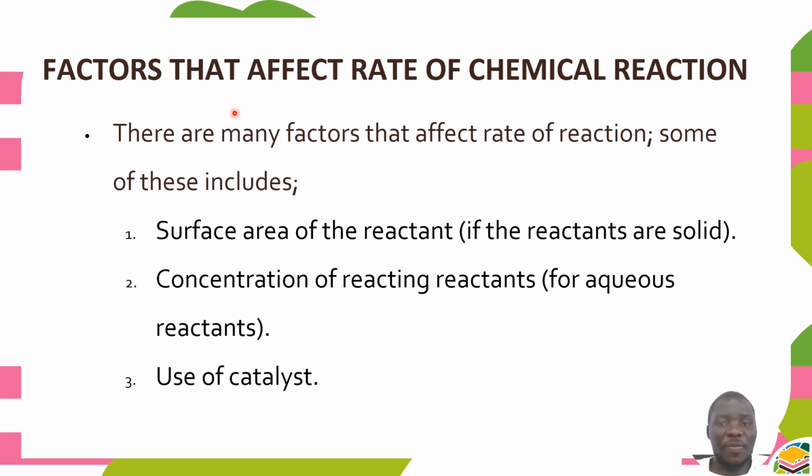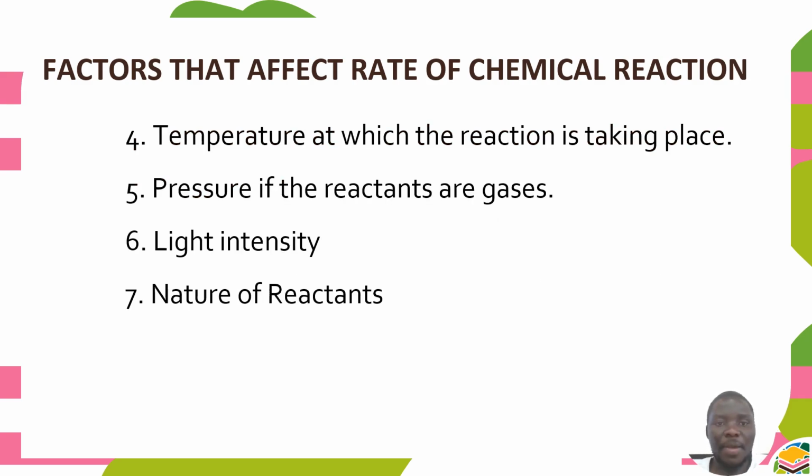So there are several factors that affect the rate of chemical reaction. Some of them include surface area of the reacting substance, if a reactant is a solid, we look at the surface area. Concentration of the reacting reactants when the reactants are in aqueous state. Use of a catalyst. Temperature at which the reaction is taking place.